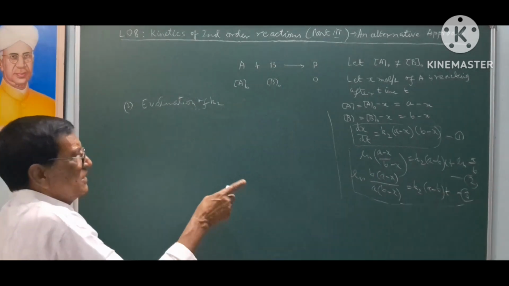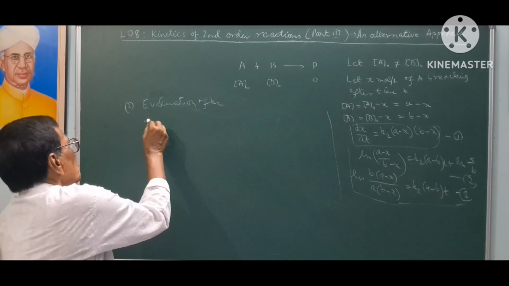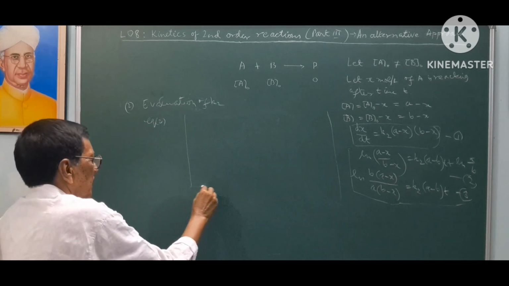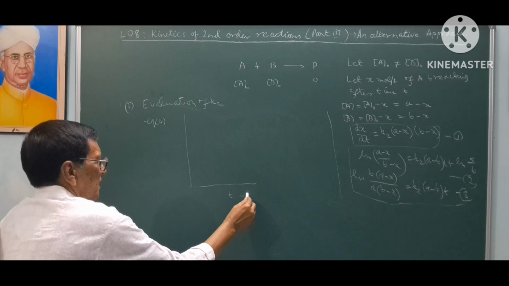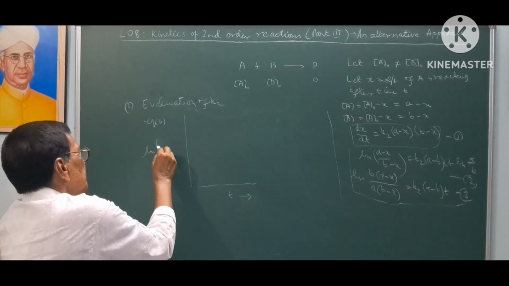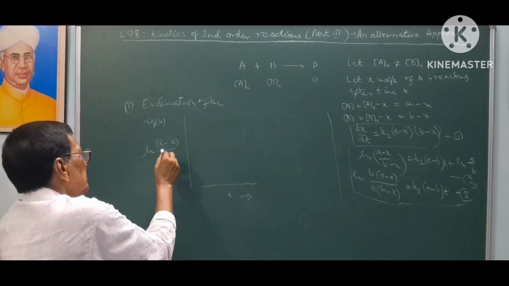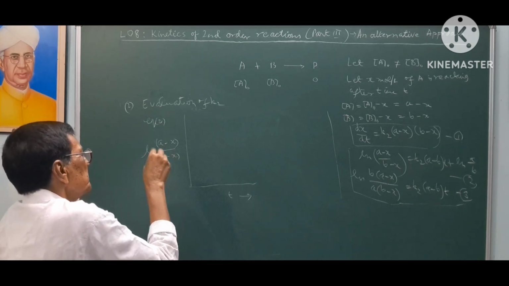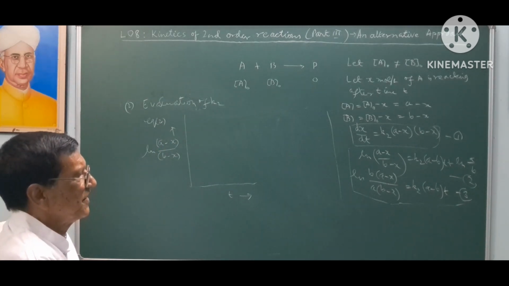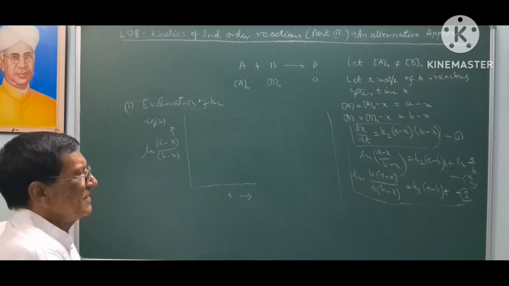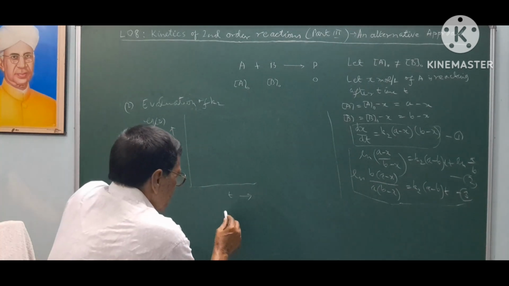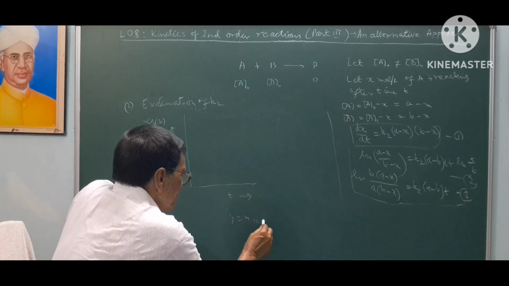So if equation 2 is plotted, with time as the independent variable and ln (a minus x) divided by (b minus x) as the dependent variable, according to equation 2, it will be y equals mx plus c.